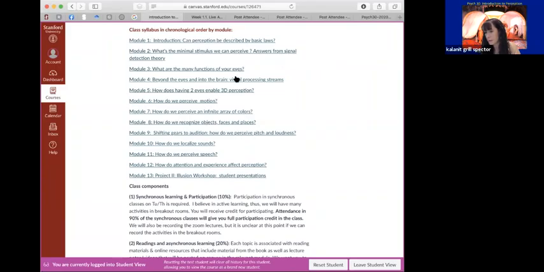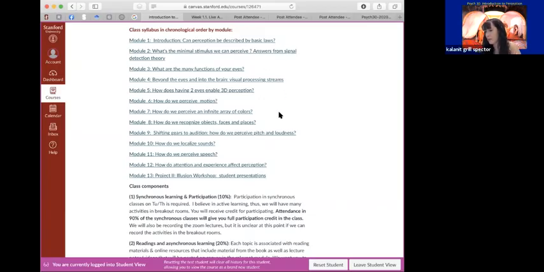Then we have modules 3, 4, 5, 6, and 7, 8 that we're going to really look deeply into different aspects of visual perception, asking questions about what is the function of the eye, how does the information flow from the eye to the brain, how come we have 2 eyes and how it might help us with 3D vision, as well as how we perceive very specific aspects of the visual scene, such as motion, color, and faces and objects.